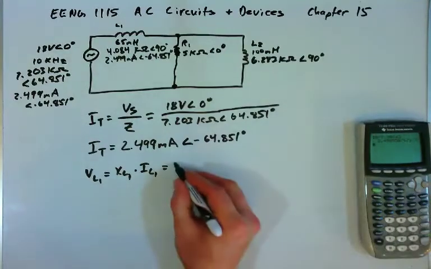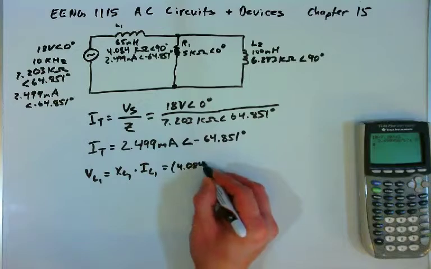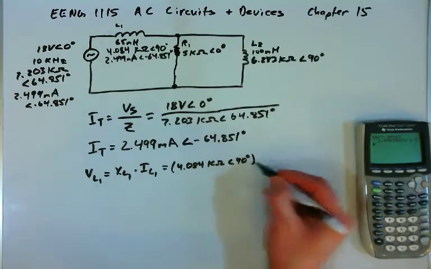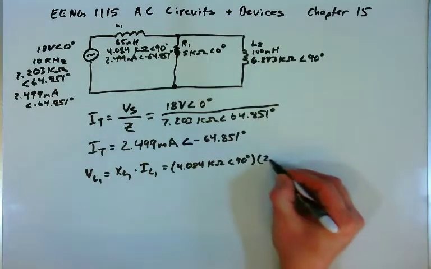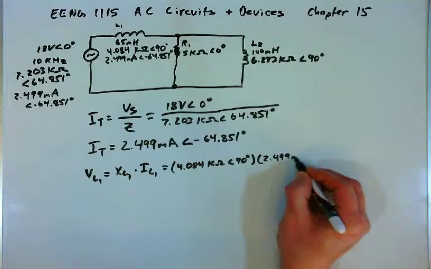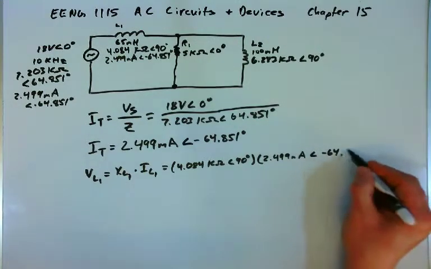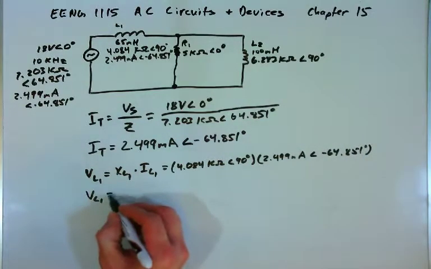And so we will have the reactance of 4.084 kilo ohms at 90 degrees, times the current in the inductor, 2.499 milliamps, at an angle of negative 64.851 degrees.